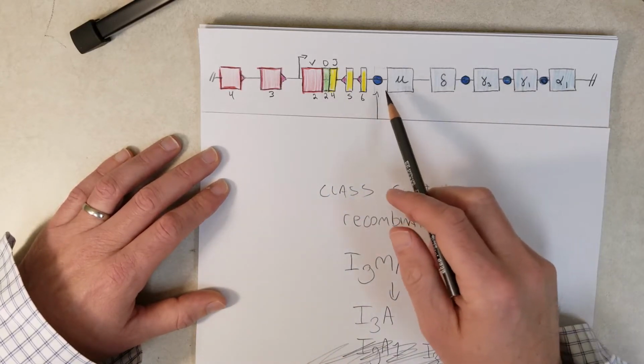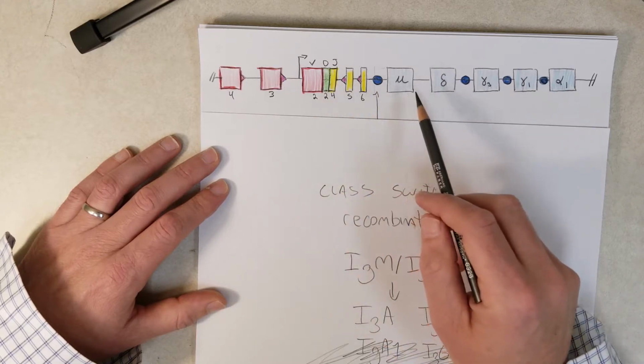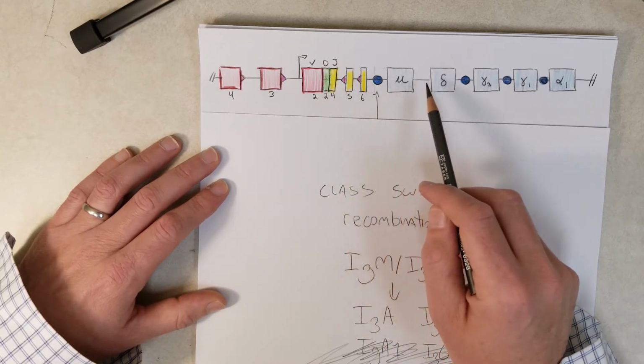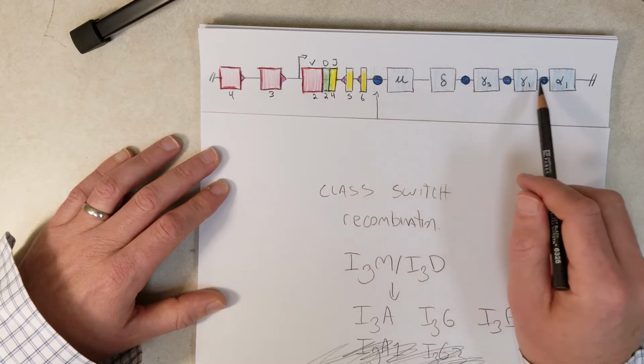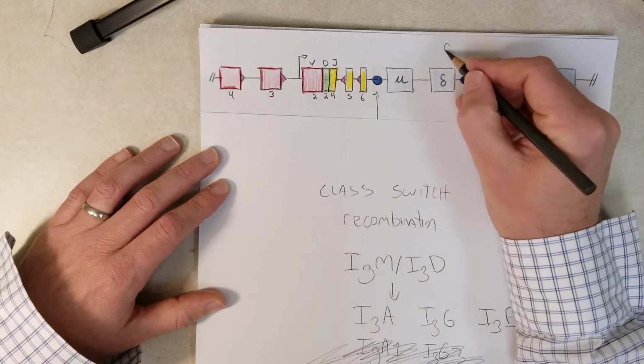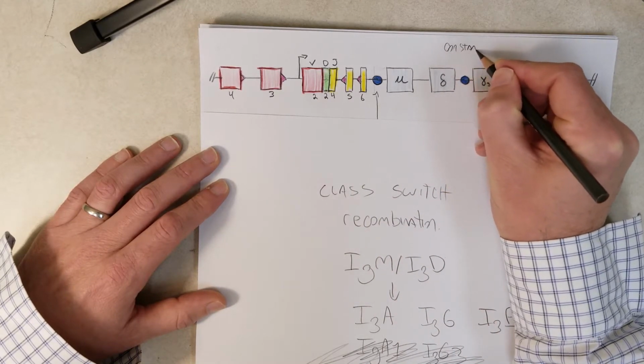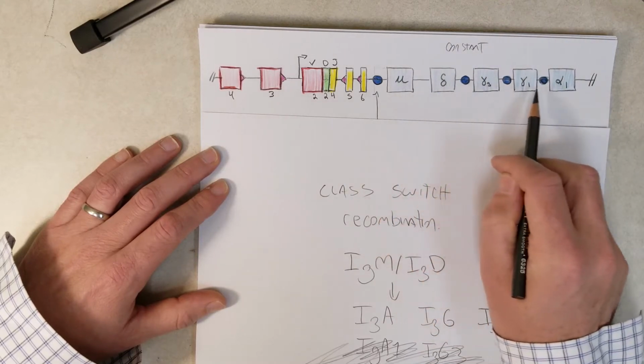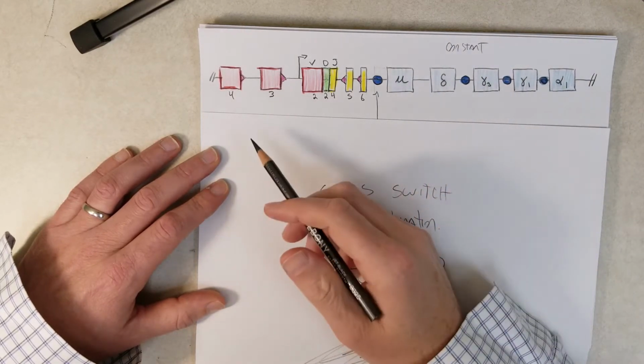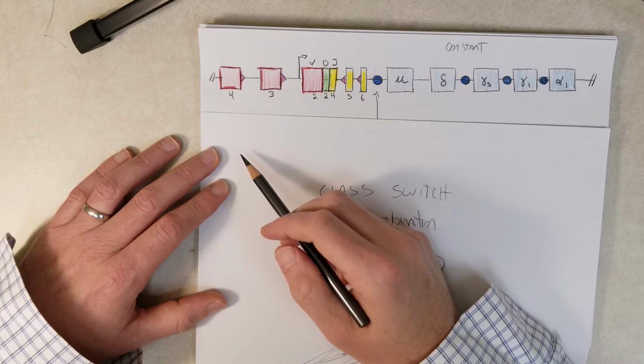So now looking at this locus, I'm adding some more details here. I added some more constant regions down here. So all these blue squares here represent different constant gene segments.